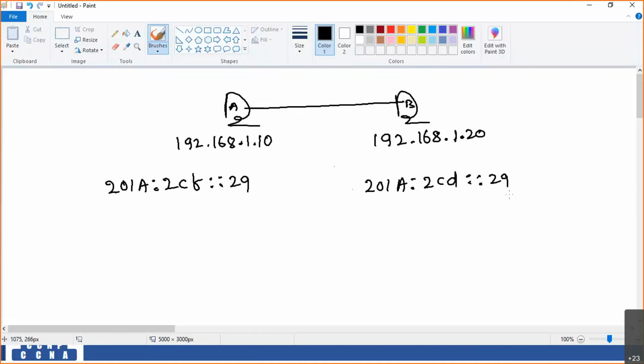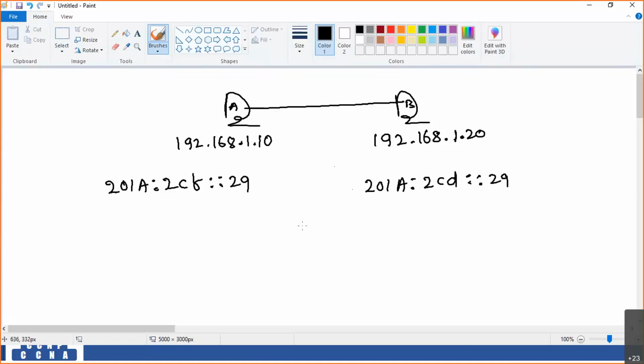In IPv4 we can easily understand because we clearly discussed the classes, the network portion and the host portion, so we can compare and understand. But what about IPv6? In IPv6 we don't have any classes, right? So how can we know whether both are in the same network?